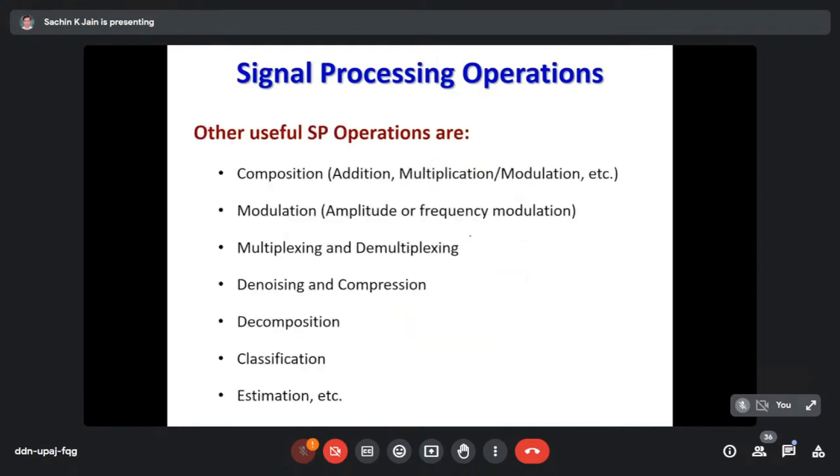Some other useful signal processing operations are composition, for example addition, multiplication, modulation, multiplexing, demultiplexing, denoising, decomposition. We have already discussed these transforms, classification, estimation. These are other processing operations that you can go through if you need them for your particular application.